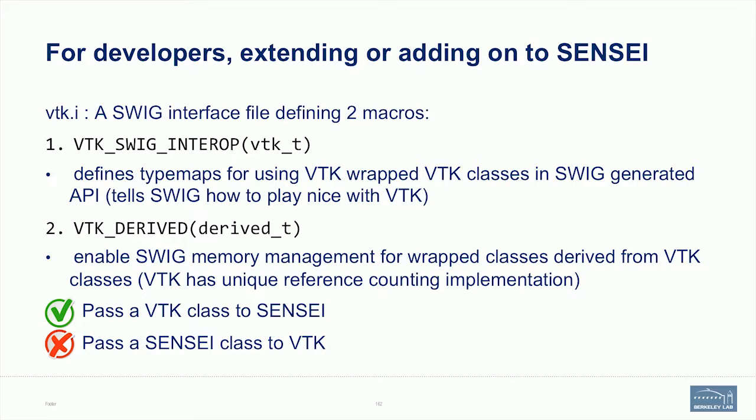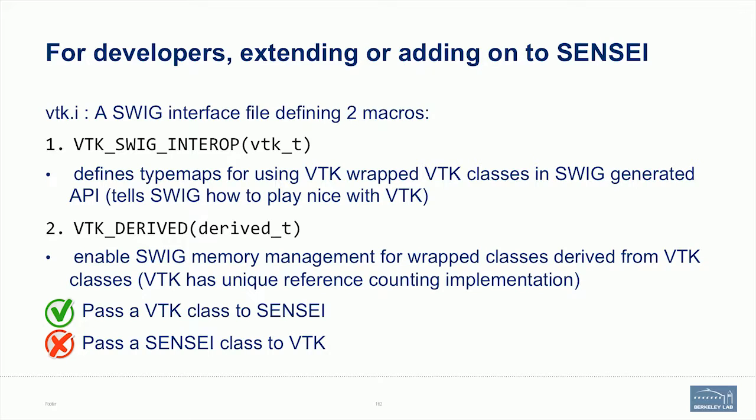The second one is VTK derived. If you have a class that derives from a VTK data object or any VTK class, you use this macro. So the first one, again, is for VTK objects you want to pass through your API. The second one is for deriving a new class from a VTK object. This includes the SENSEI classes because they are all derived from VTK objects.